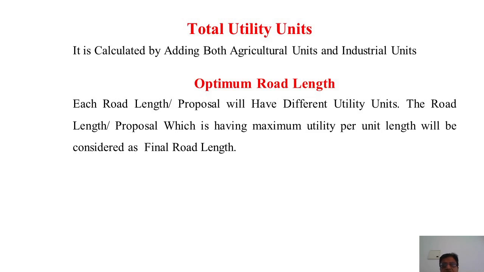So the optimum road length is calculated by using each road length or proposal, which will have different utility units. The road length or proposal having the maximum utility per unit length will be selected first.